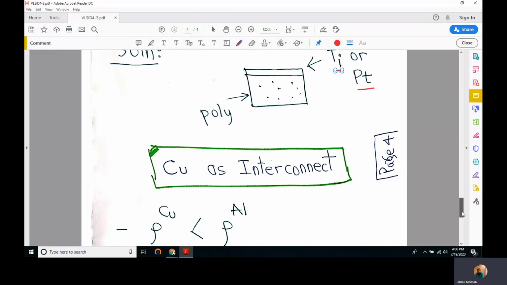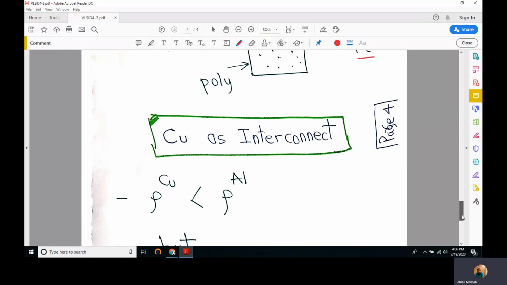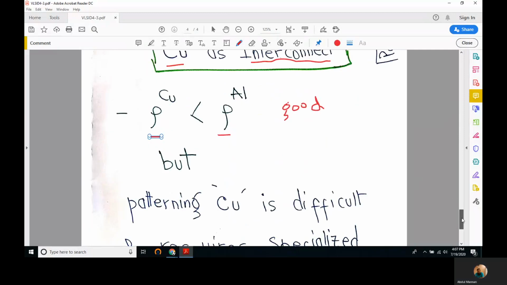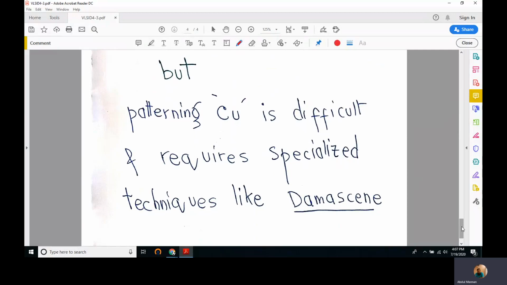Copper is another choice for interconnect materials because the resistivity of copper alone is smaller than the resistivity of aluminum, which is good because we are looking for a material that has a very small resistivity, ideally zero resistance. So using copper as an interconnect material instead of aluminum seems to be a better choice, but everything has some advantages and disadvantages.